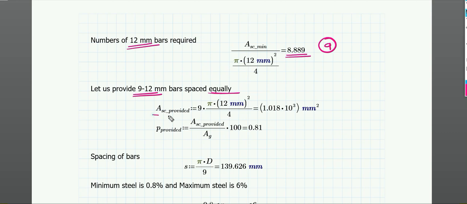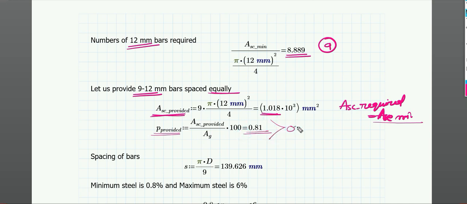So Asc provided will be around 1080 mm square, which is more than Asc required, which is nothing but Asc minimum. Then the percentage that we have provided is 0.81%, so obviously it is more than the required 0.8%.